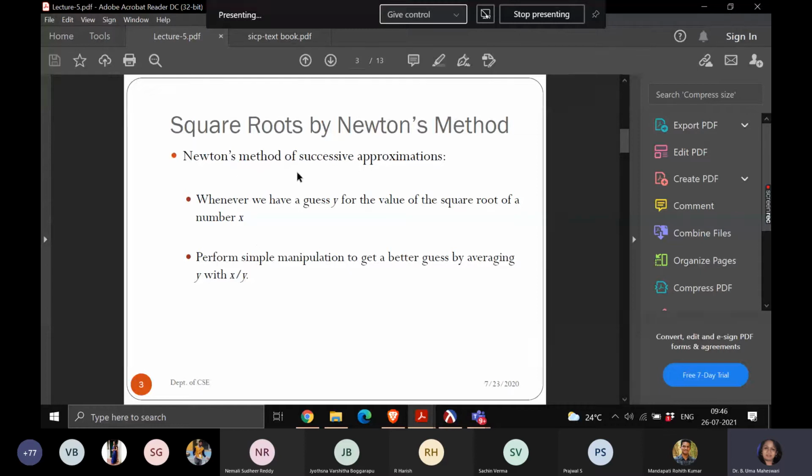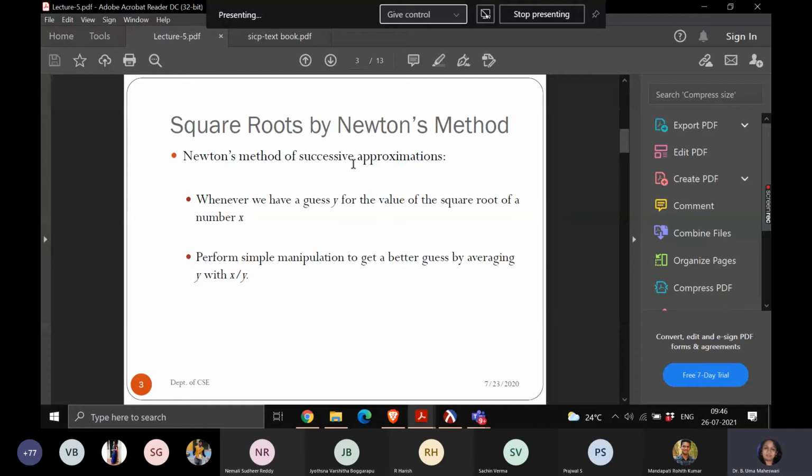By this Newton's method, what we are going to do is find the approximation of the square root of some number. It is a successive approximation. Successive in the sense that repeatedly we are doing some operation, and finally we arrive at an approximation to the answer. It is not exactly equal to the square root, we are not getting the exactly correct number, but an approximated number.